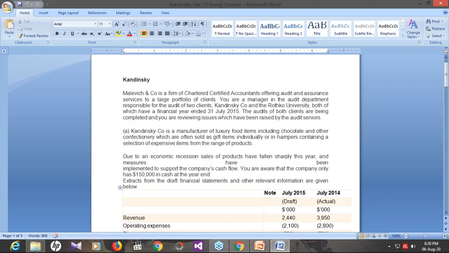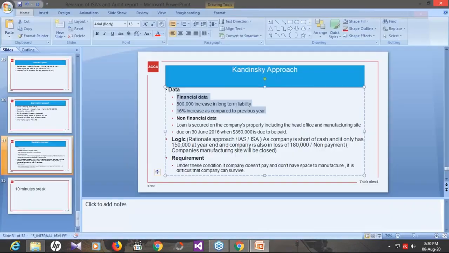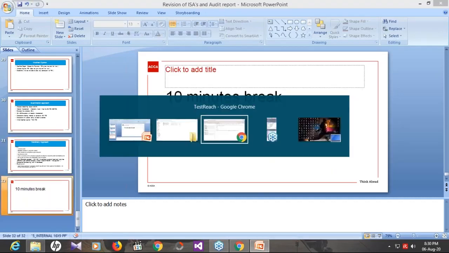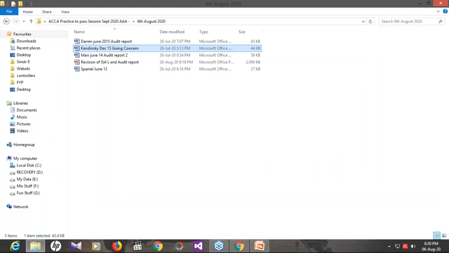So this is a typical question set by the examiner once a year. So you should be ready for that, and you should practice that question at home. So this was Kandinsky, the approach that we discussed for Kandinsky. And now we go back to the next question.